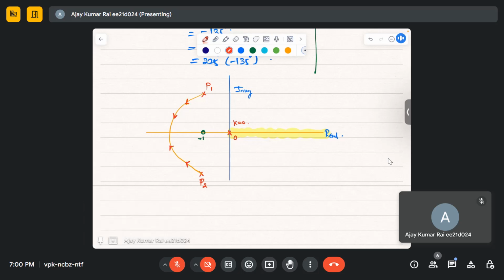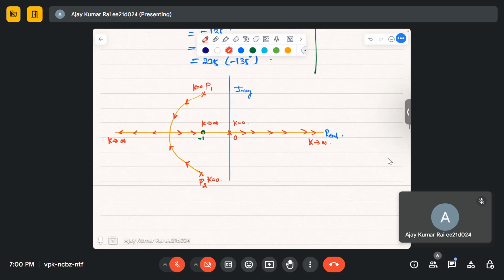One will go to here and one will go to infinity, because here k is equal to 0, again k is equal to 0, and here k is tending to infinity, and at this point also k is tending to infinity. We also have one more root locus, and it will be going to infinity.